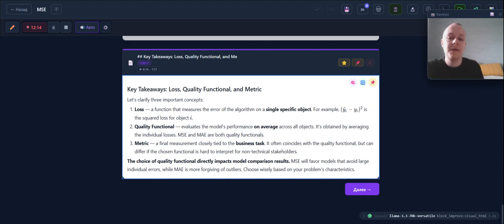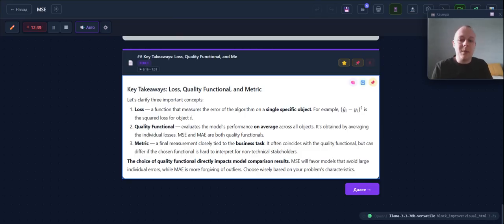And metric is the final measurement closely tied to the business task, and I think we'll talk about it a bit later. And there are many more metrics that might be presentable for business to be interpreted for non-technical stakeholders.